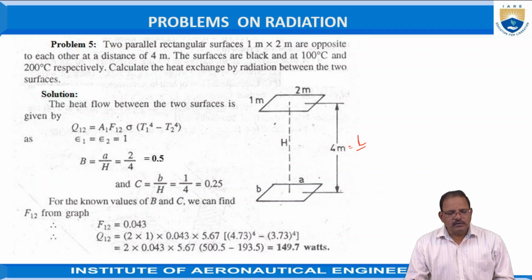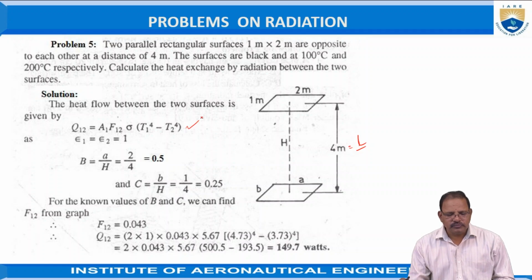So here the heat transfer taking place by the radiation process is Q12, that is the amount of heat energy transmitting from one surface to the second surface. It is equal to A1 F12 sigma into T1 to the power of 4 minus T2 to the power of 4.